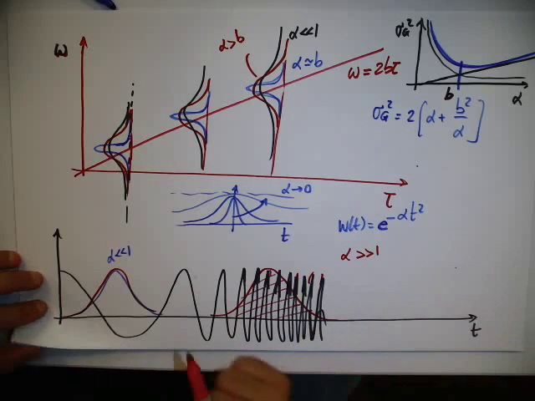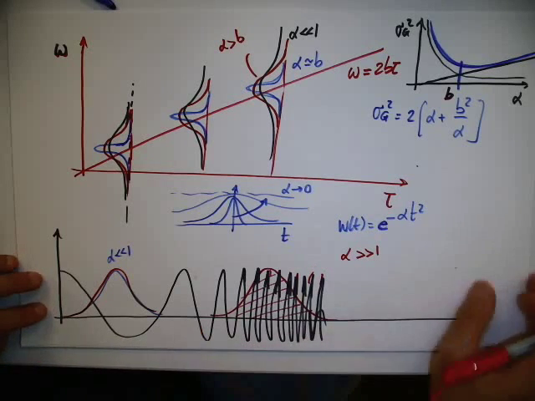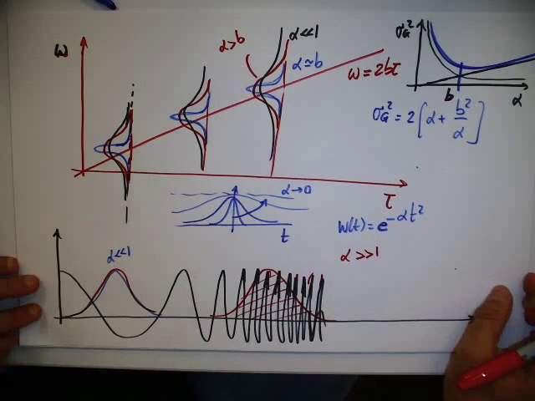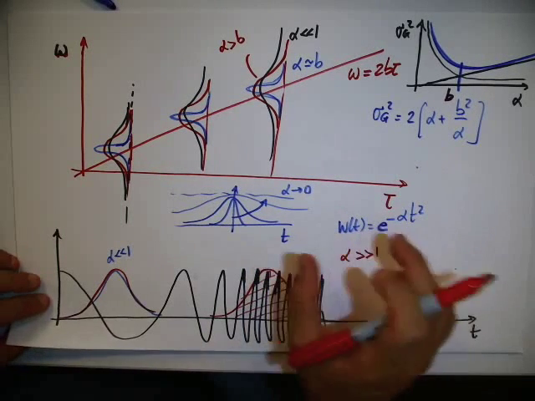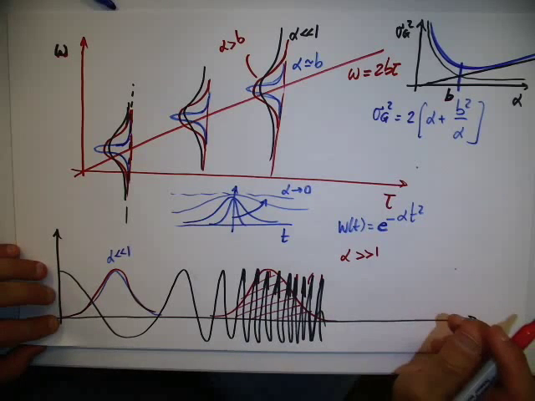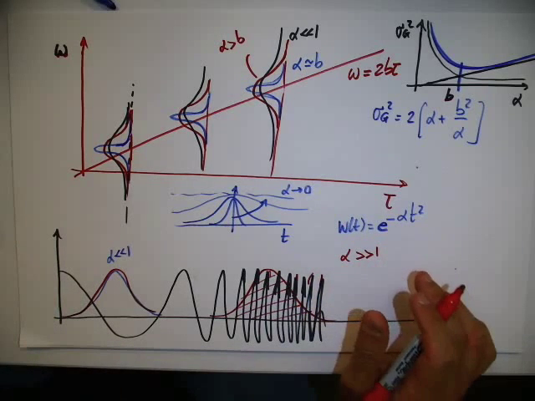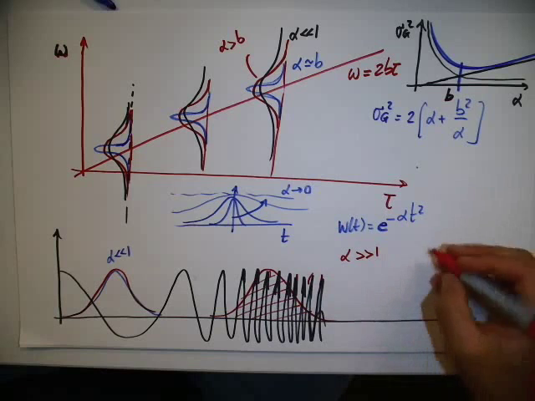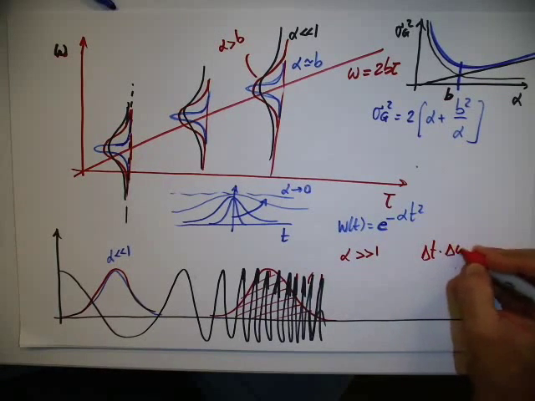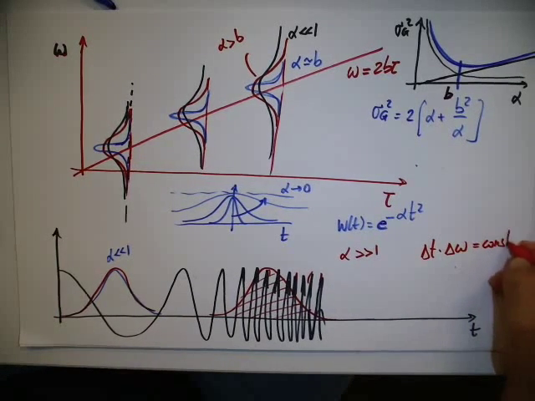So you can see that even with the Gabor transform, the choice of the window is very important, and you still have to battle with the uncertainty principle: delta t times delta omega is equal to a constant.